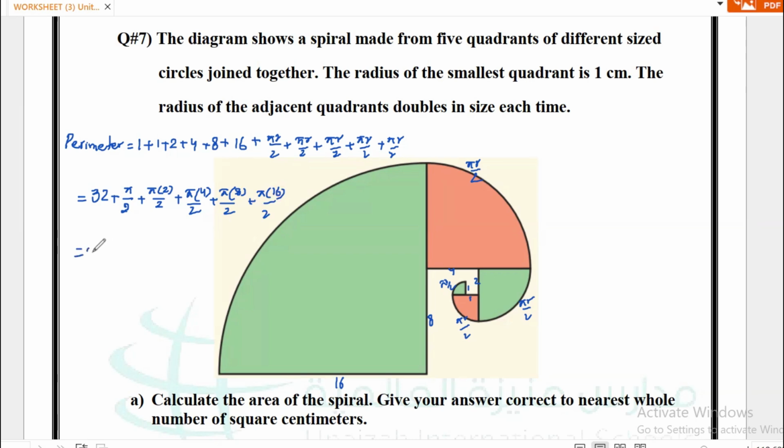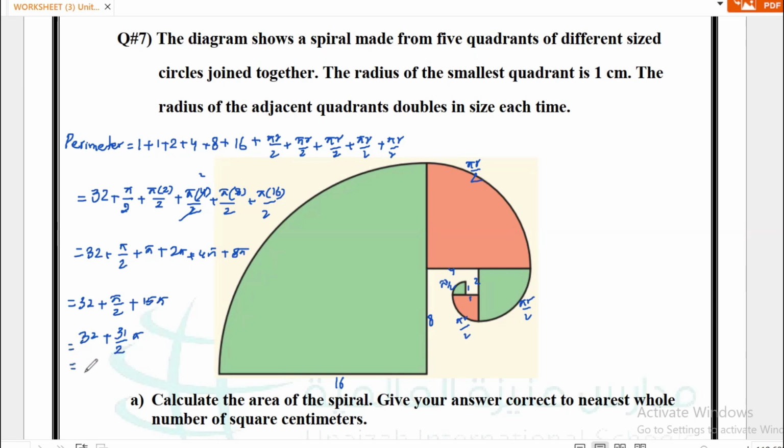And now we will simplify: 32 plus pi over 2 plus pi plus 2 pi plus 4 pi and plus 8 pi. So this is 32 plus pi over 2 plus 8 plus 4, 12 plus 2, 14 plus 1, 15. So 15 pi, which is equal to 32 plus 31 over 2 pi.